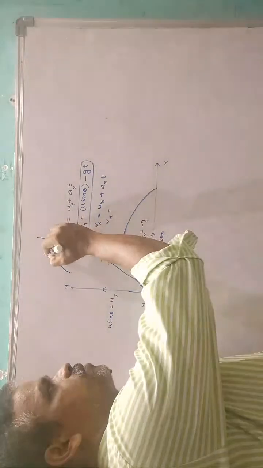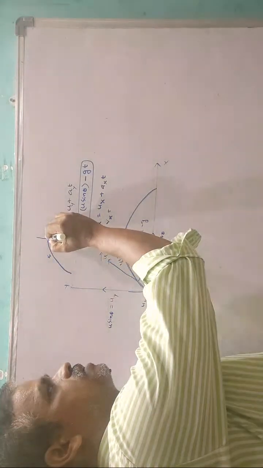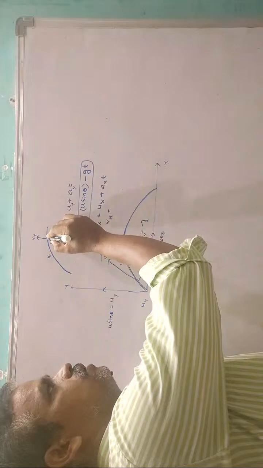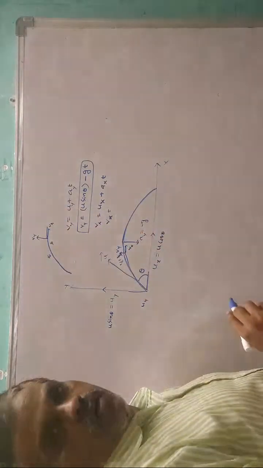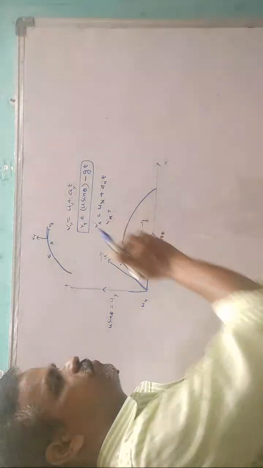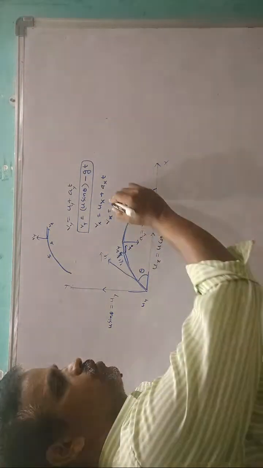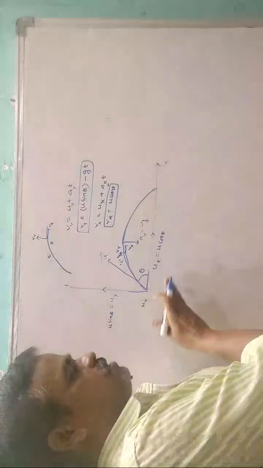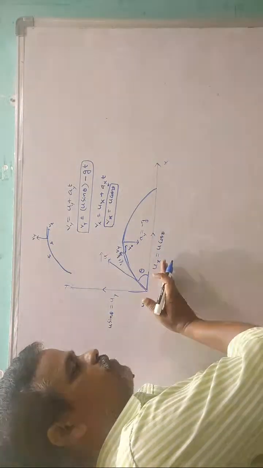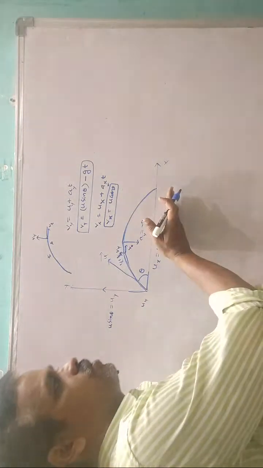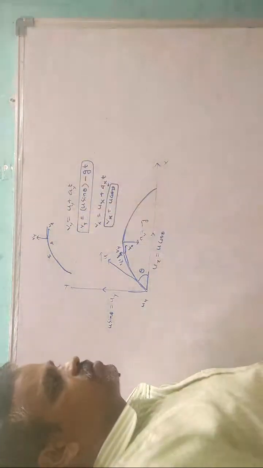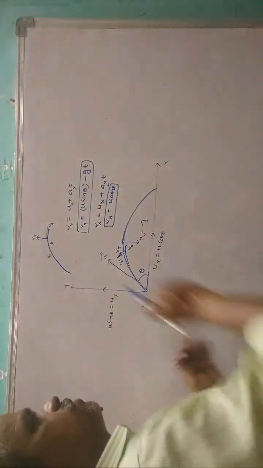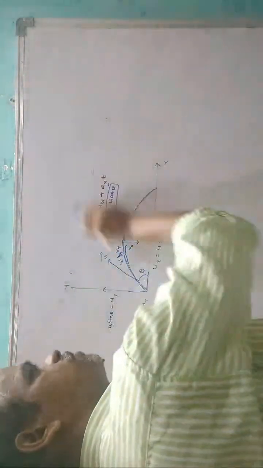The body starts here, and after time t it reaches this point A. I already calculated vy, now I am calculating vx. ux is nothing but u cos theta, and ax is 0. So u cos theta is along the x-axis. Horizontally the velocity component is u cos theta, and in the vertical direction it is u sin theta minus gt. Already I calculated these things, so now I am repeating. Next, you just write it as I am saying.